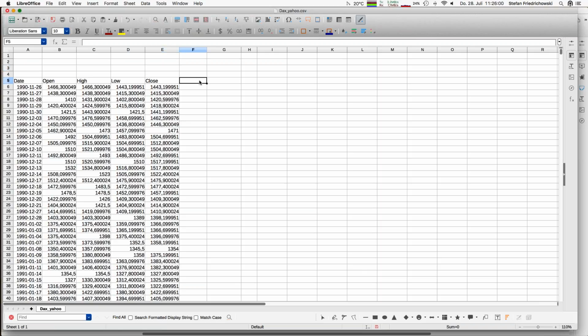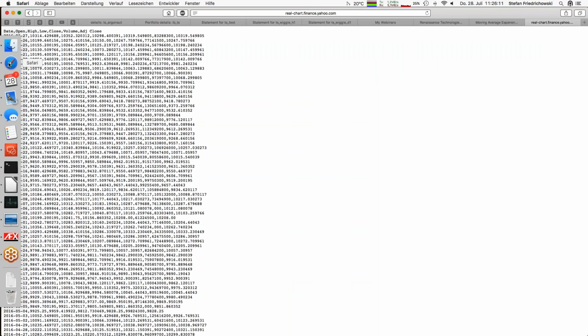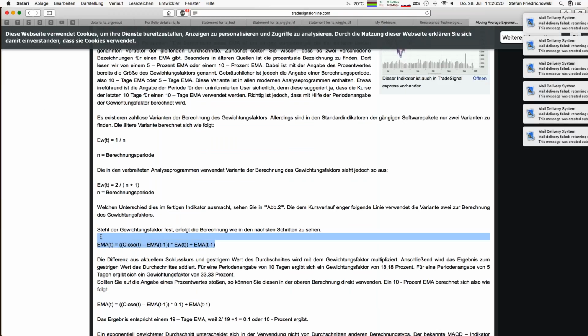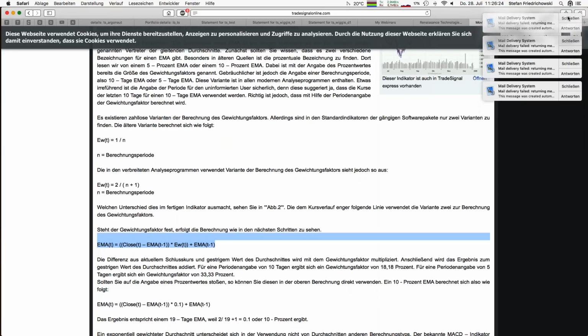The first step is that I have to calculate the EMA value of my close values. But how to calculate an EMA in Excel? In questions like this, I look to the internet and have a look at some sources or ways of calculating, how to do it.